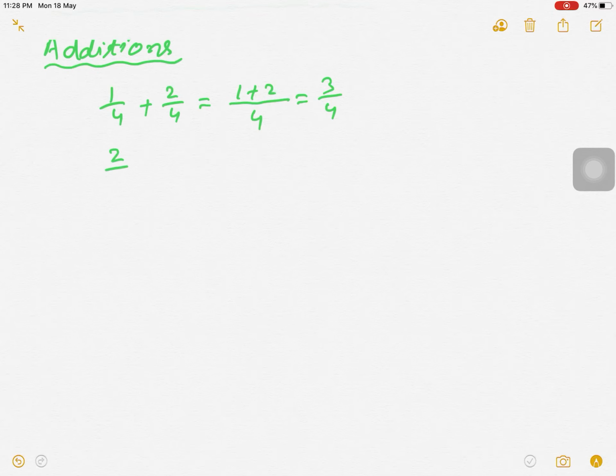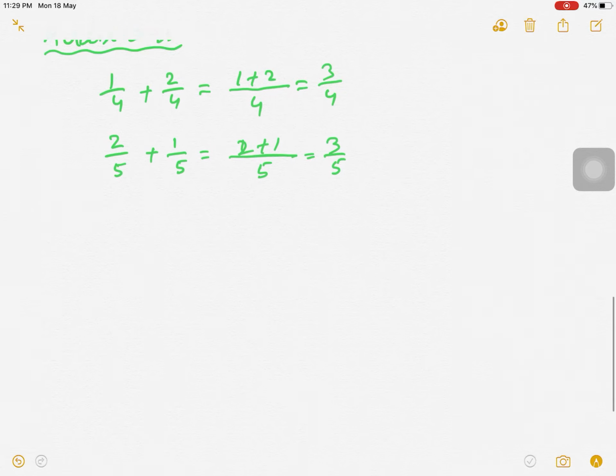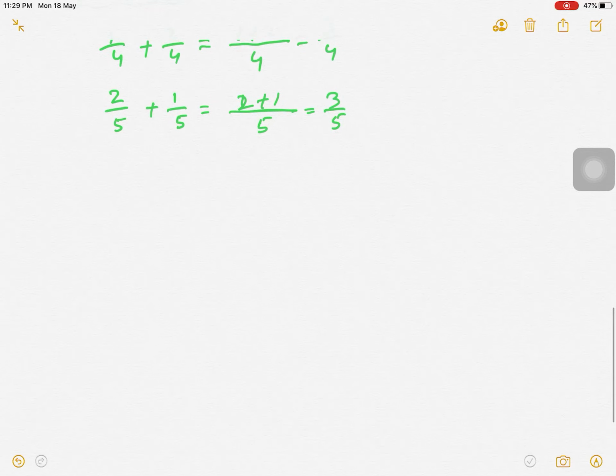Another example, suppose 2 by 5 plus 1 by 5. This gives 2 plus 1 equal to 3 by 5. Now, if the denominators are different, how to add them? Let us take one example, 2 by 5 plus 1 by 7.